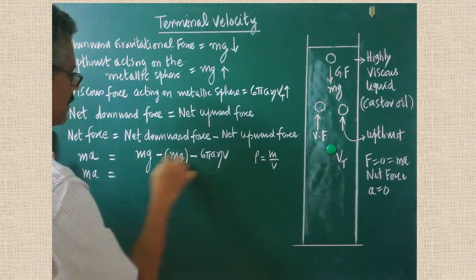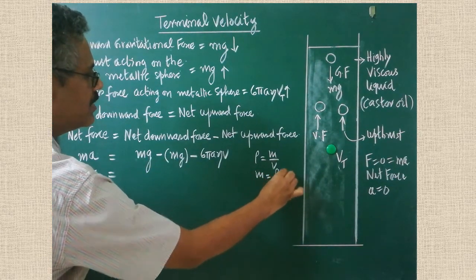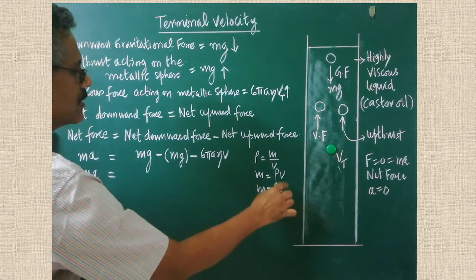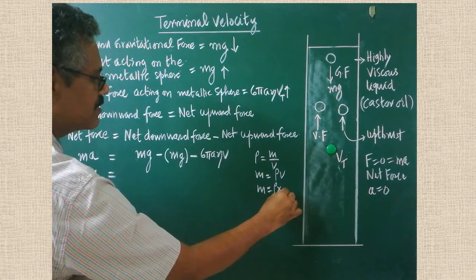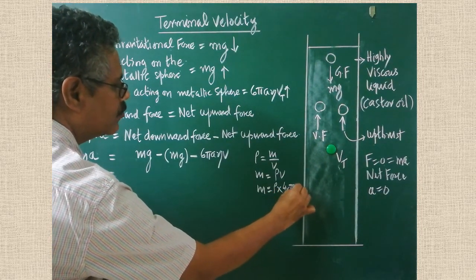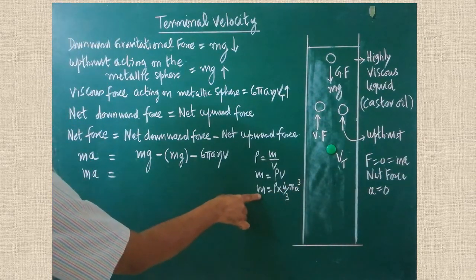Here m to be replaced. m is equal to rho into v. The metallic sphere volume can be written as 4 by 3 pi a cube. So this is the formula to find out the mass.